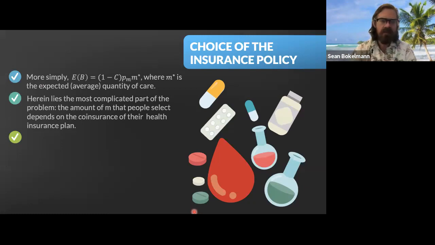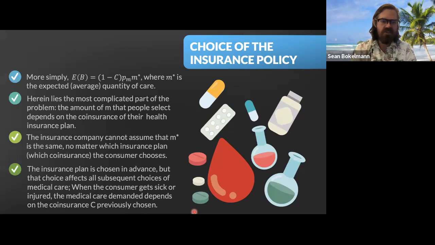So that's an issue, right? The insurance company cannot simply assume that M star is the same no matter what type of insurance the consumer chooses. It's going to depend on what the consumer chooses as far as an insurance plan goes. The plan is chosen in advance, and then that choice of insurance affects all subsequent choices of medical care, right?